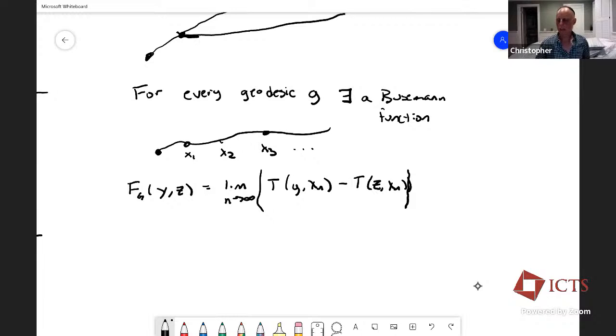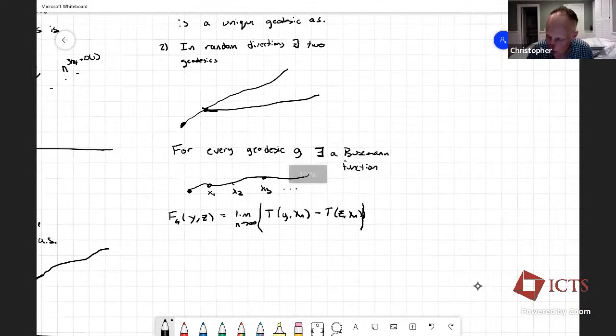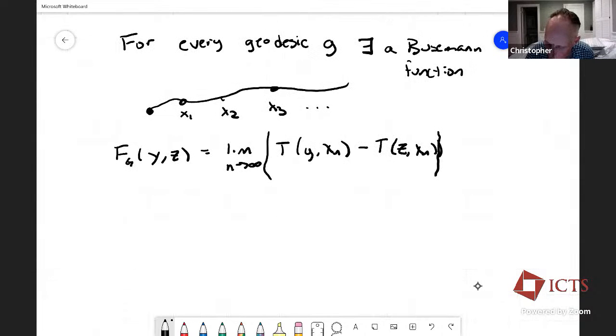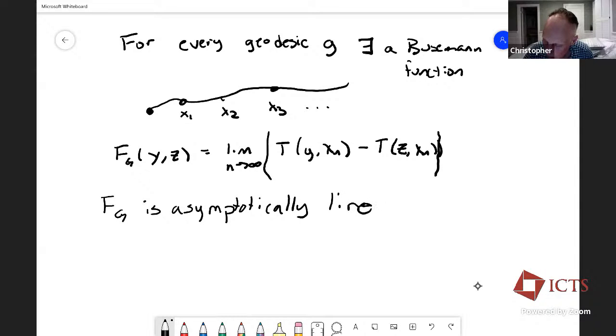And then what do I know? For every geodesic, there exists this Busemann function, and it is approximately linear. So this is asymptotically linear.